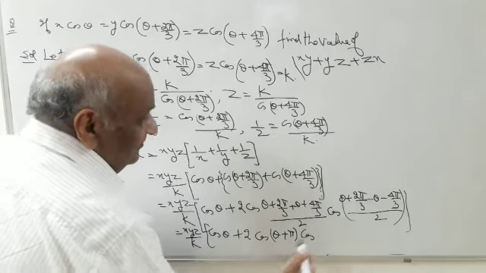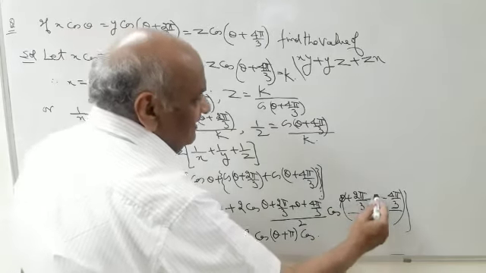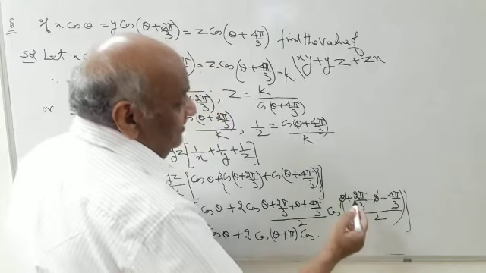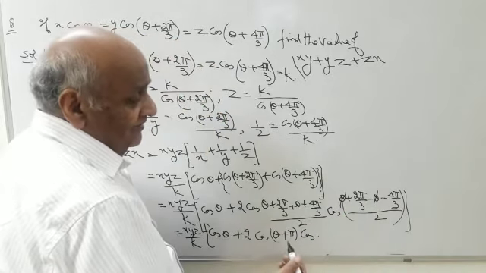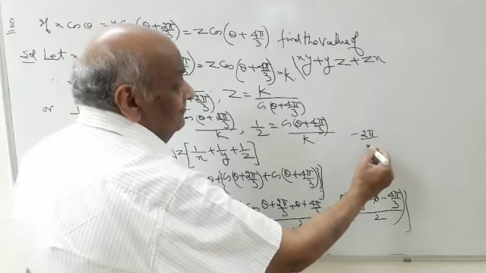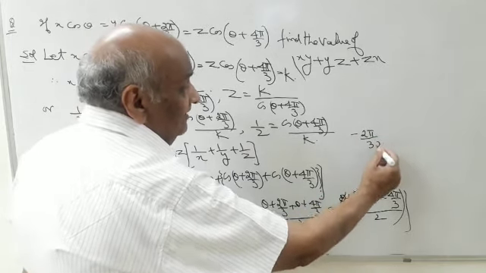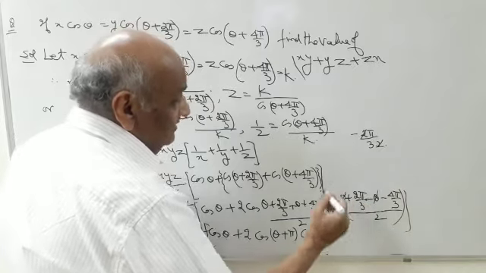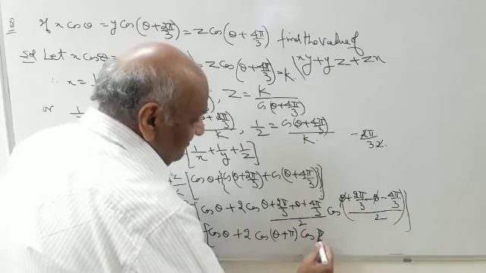cos, yes, this theta will cancel out. It is, in this case we have 2 pi minus 4 pi, minus 2 pi by how much? 3, here it is 2, that is minus pi by 3. Cos minus is cos, cos pi by 3.